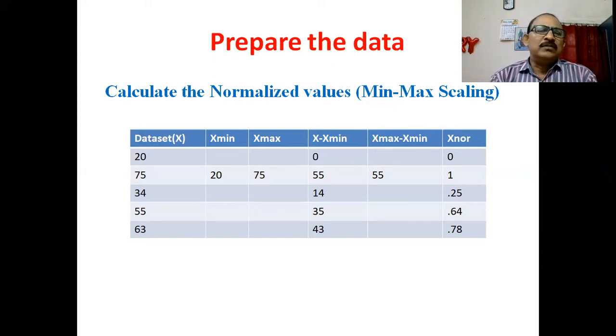Here you can see the original values of the feature are 20, 75, 34, 55 and 63, and the normalized values, all between 0 and 1, are 0, 1, 0.25, 0.64 and 0.78. So this way we can normalize the values of a numeric feature.